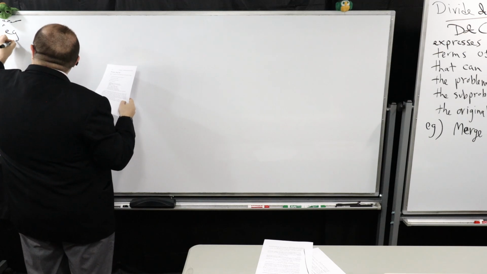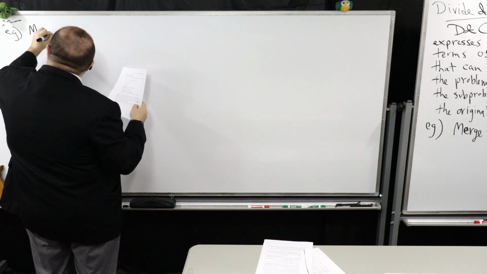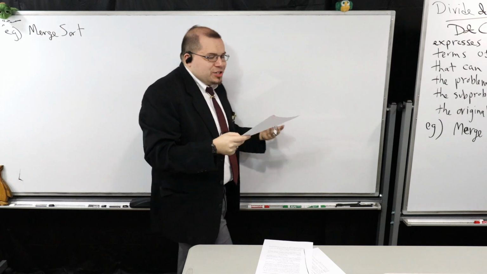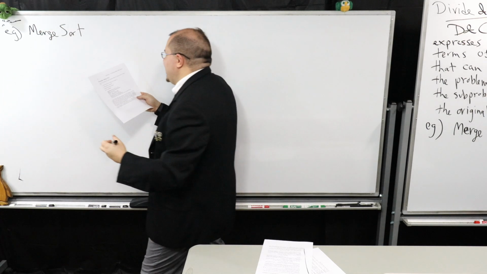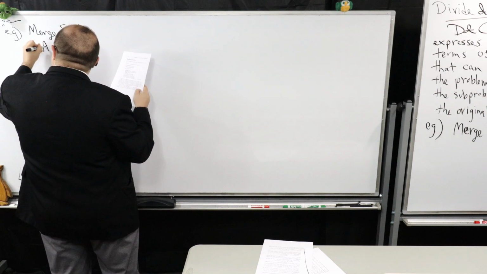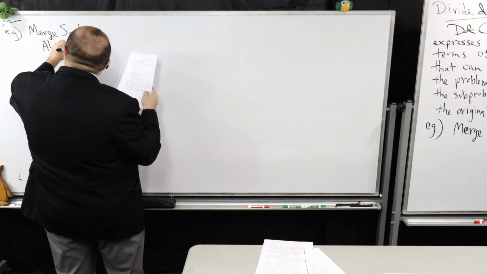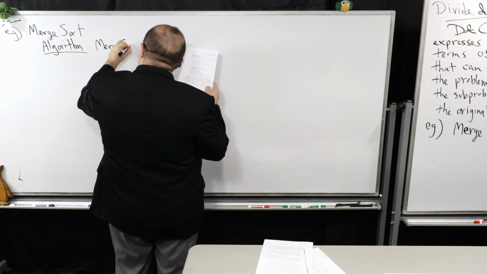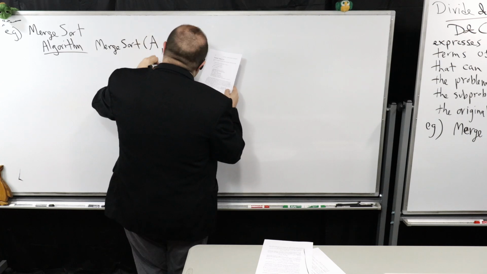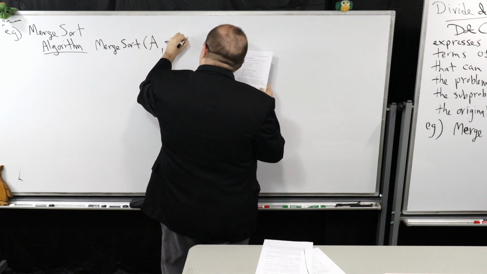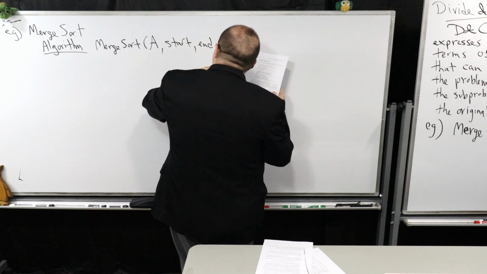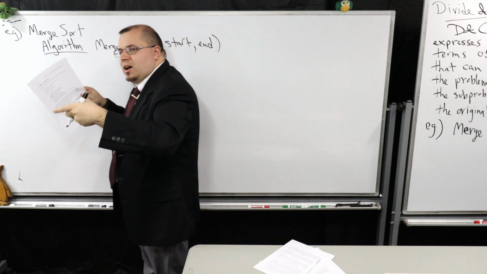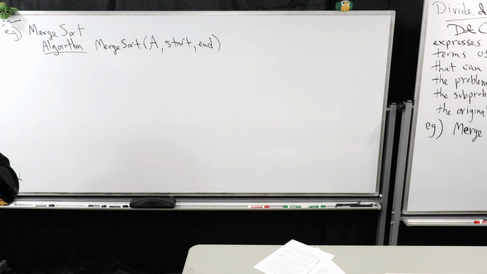So here's an example with merge sort. You may recall merge sort. It works kind of like this. Suppose I give you the algorithm, and we'll call it merge sort. It has an array A, and a start and an end, which represent the start and end of the part of the array you're interested in.